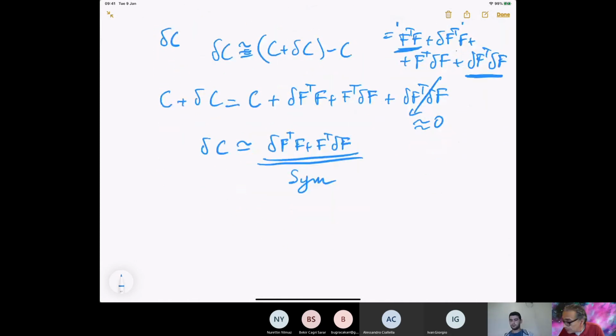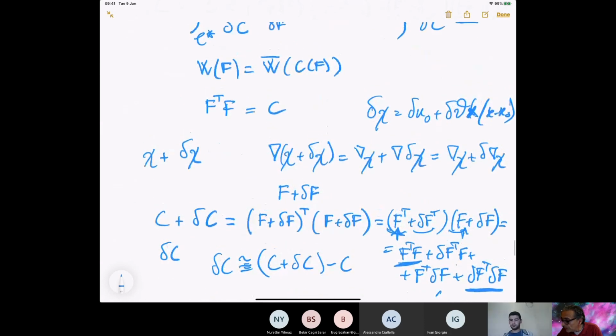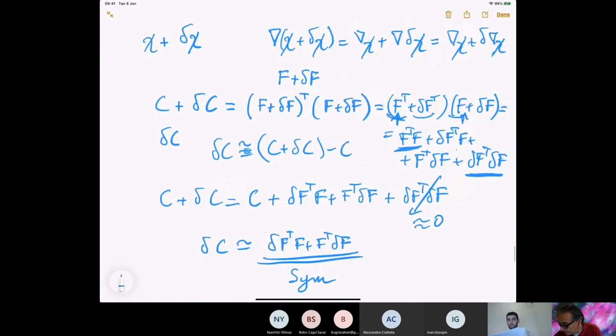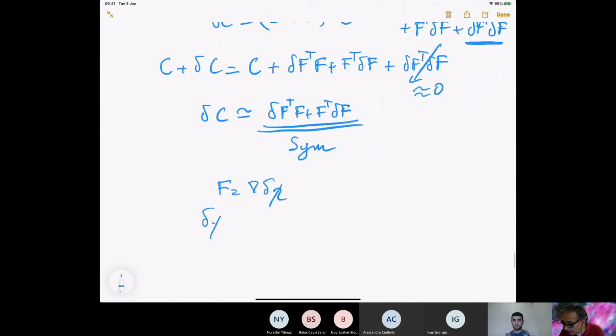Now delta F is equal to grad delta K. So let's go to this expression: delta K is equal to delta U0 plus a skew symmetric matrix times (X minus X0).